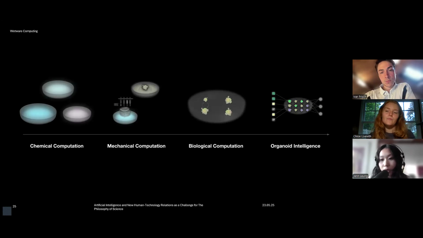The paper is called Organoid Array Computing: the Design Space of Organoid Intelligence, where we looked at the scales of wetware computing and how even at the level of chemical computation, there's already agency involved. That's in response to Laura Tripaldi's Parallel Minds and also Michael Levin.